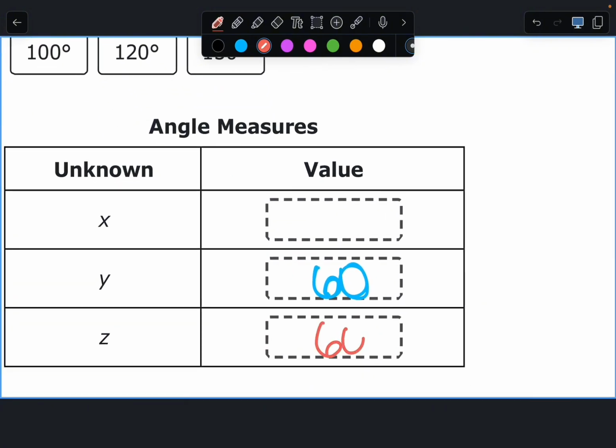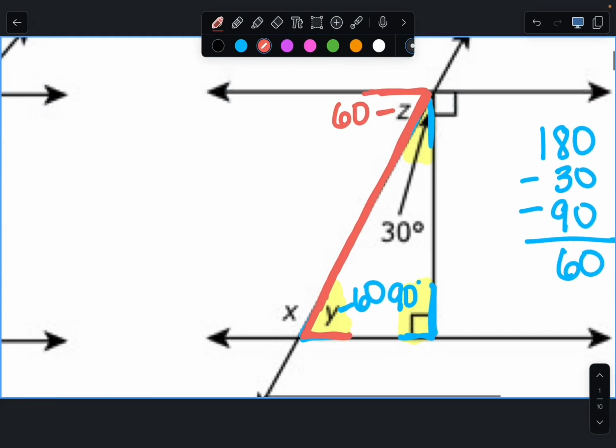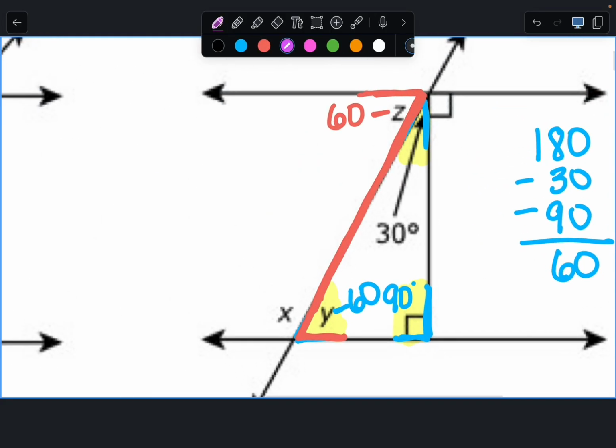All right, now how am I going to figure out what X is? X and Y form a what? A line. And we know that lines measure 180. So how can I figure out what X is?